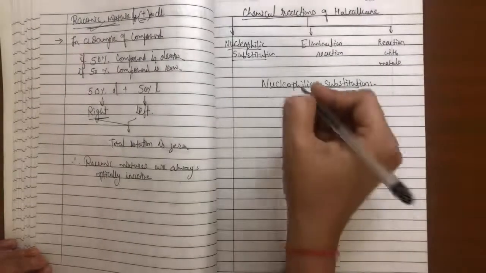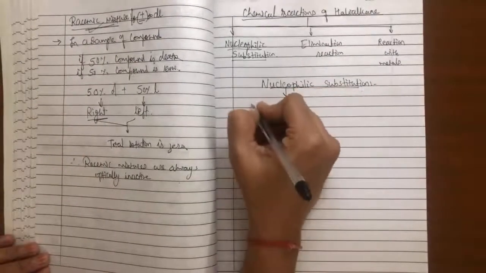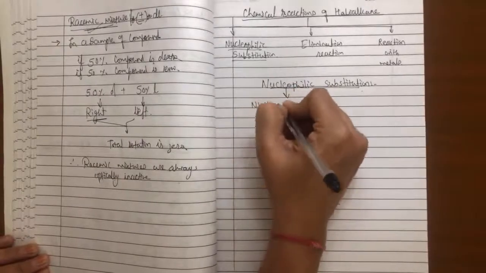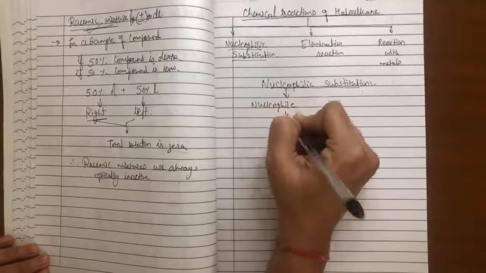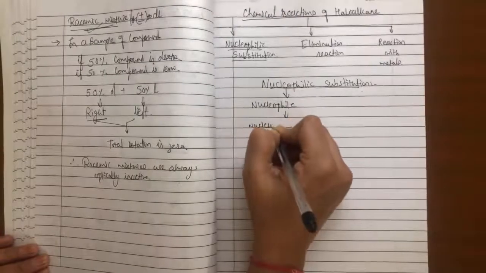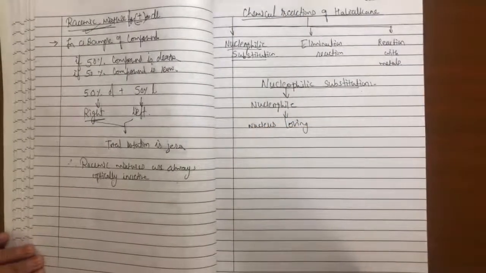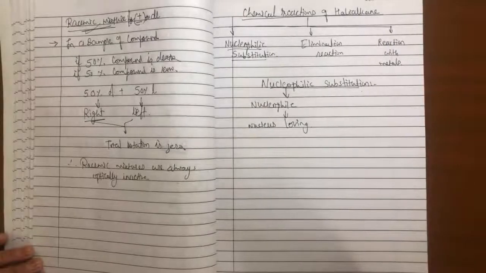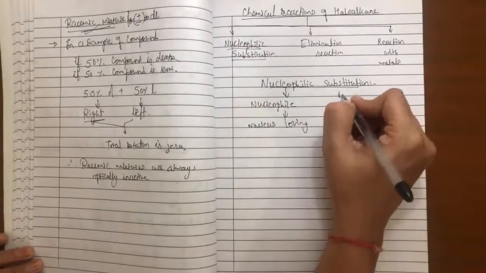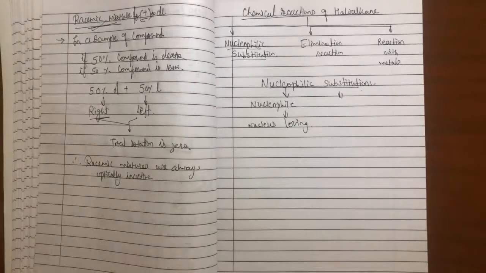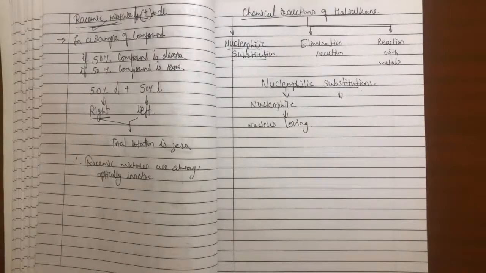Nucleophile means nucleus loving, one which has attraction towards the nucleus. Substitution means they are removing something and at the place of that they attach themselves. So nucleophilic substitution reactions we have to study here in this class.